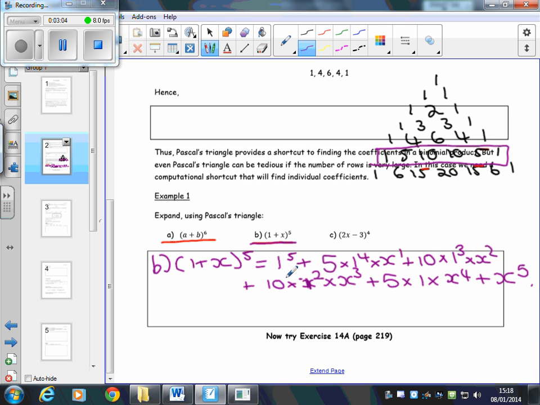So again, each time the power of 1 is being decreased by 1 and the power of x is being increased by 1, and the coefficients are just coming from this line in Pascal's triangle.